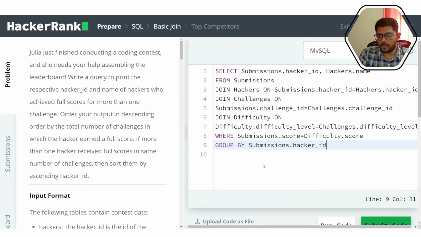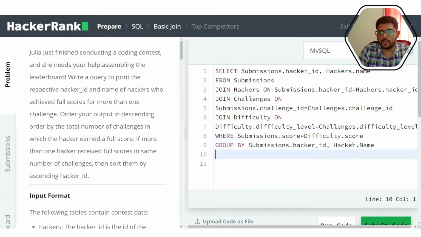It's enough to group by only the hacker ID, since that is a unique identifier, but let's also put the hacker name, because if I group by only hacker ID, then I will have to use some aggregate function. I can put max or something, it will definitely work, but I don't want to do it. I'll simply type hacker.name. It sounds like it's redundant, but we can't help it. So we are grouping it by the hacker ID and the hacker name.